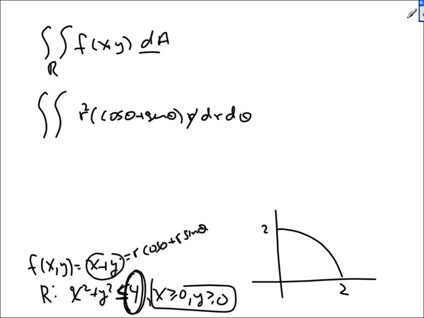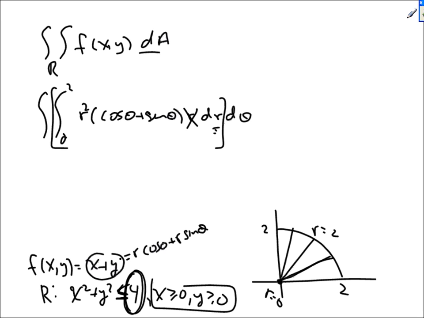So r times the r in front will make it r squared. And r goes from, well, this is r equals 2, and right at the pole, r is 0. So r always goes from 0 to 2.